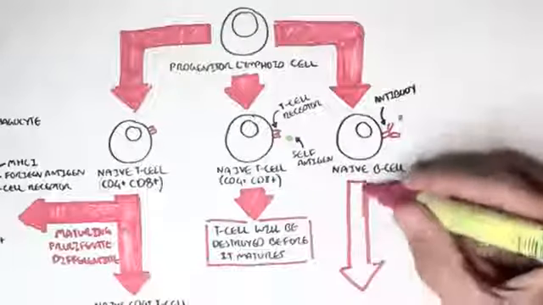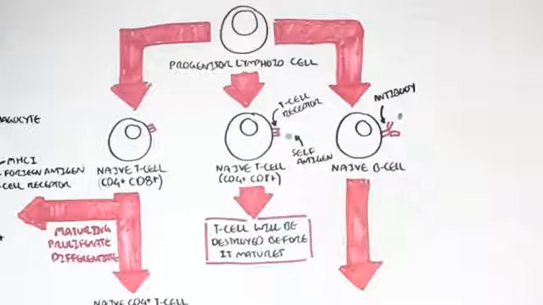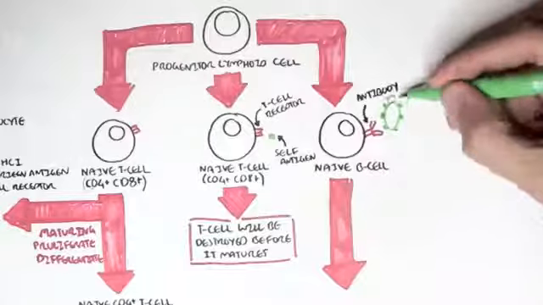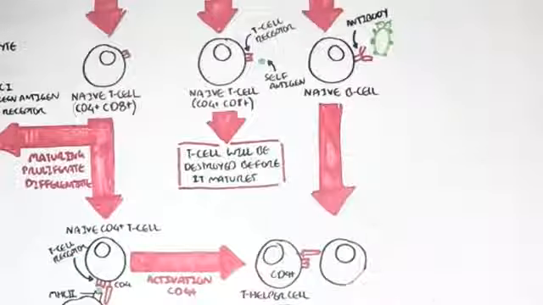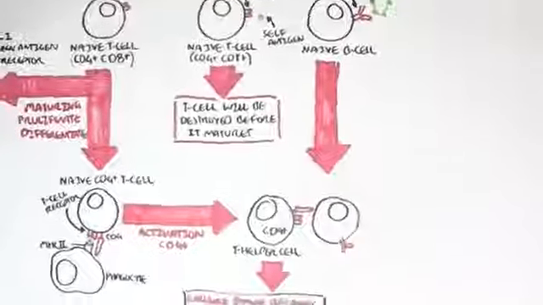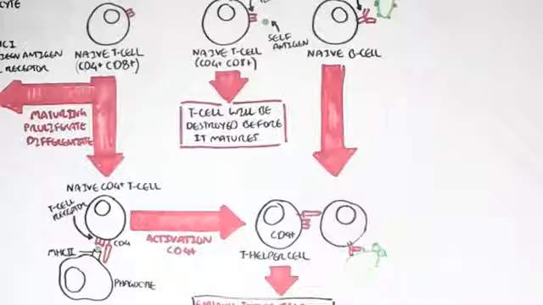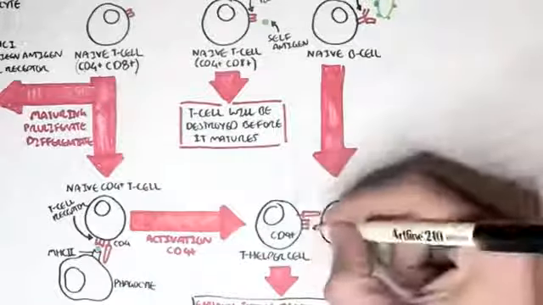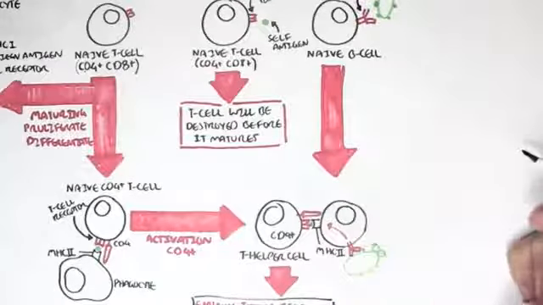The naive B cells' antibodies can recognize specific antigens of a pathogen. For example, this naive B cell will recognize this antigen of this specific bacteria, and this will cause the naive B cell to engulf the pathogen, process it, and then present this foreign antigen on an MHC class 2 to the activated T helper cell.